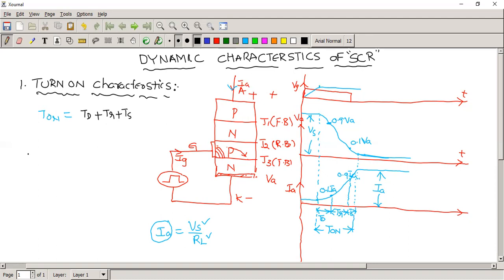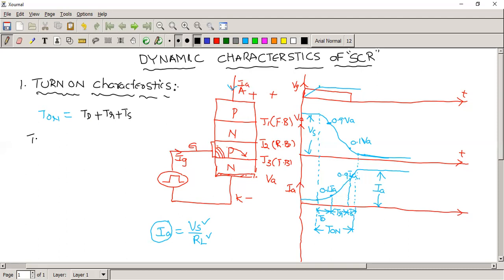Delay time is the time taken by the SCR to change the anode current from leakage current to the 10% of the steady state anode current.